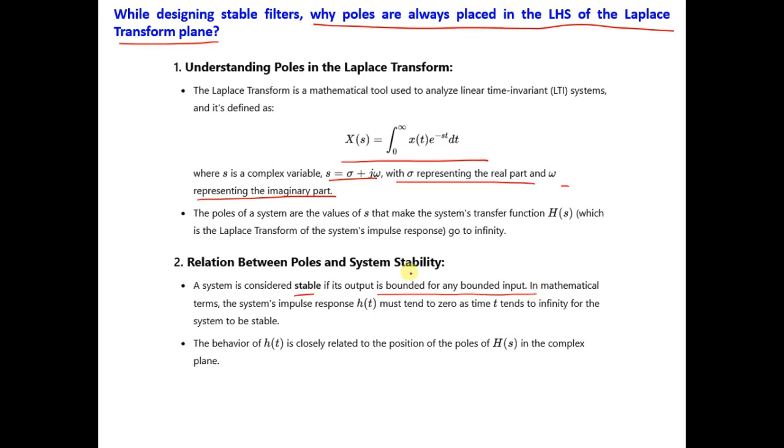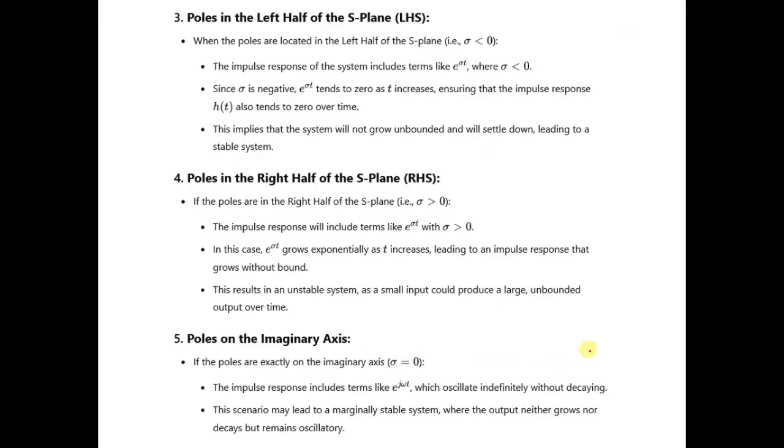In mathematical terms, the system's impulse response h(t) must tend to 0 as time t tends to infinity for the system to be stable, which is the BIBO stability criterion we have been discussing. The behavior of h(t) is closely related to the position of the poles of H(s) in the complex plane.